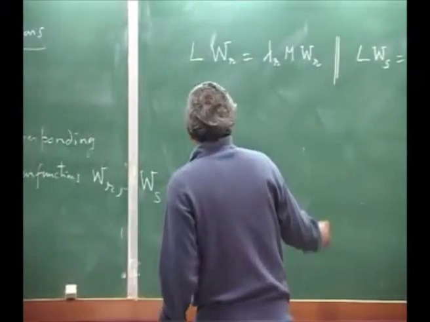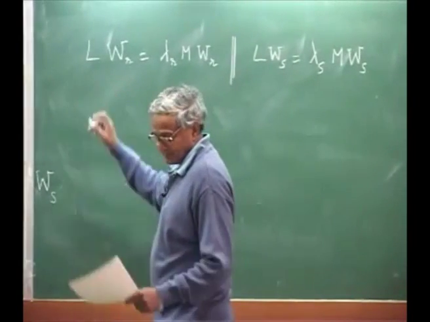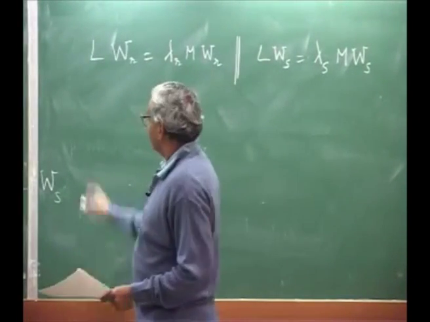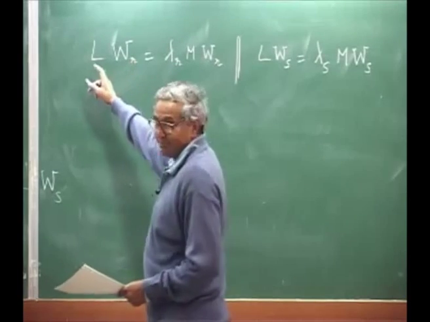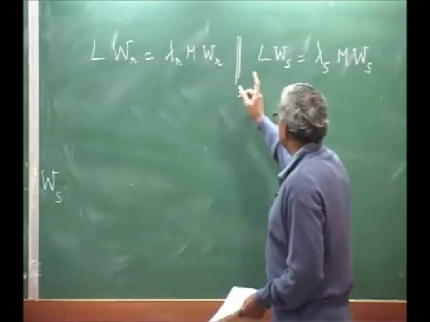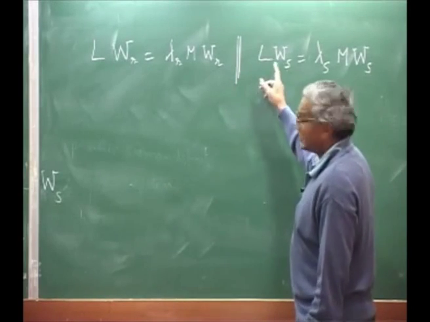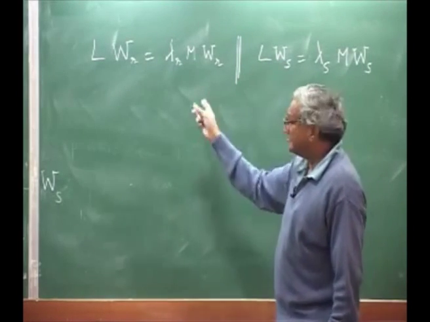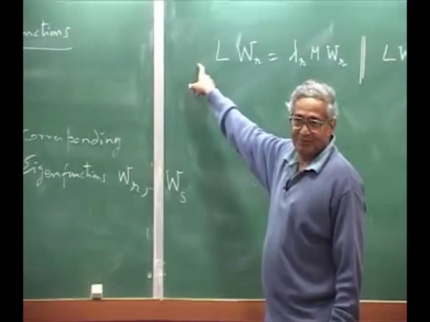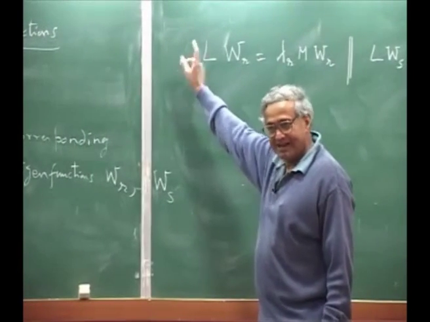Now let us multiply this by Ws, this by Wr, because please note that this is operator. So I am multiplying before, pre-multiplying and then integrating.